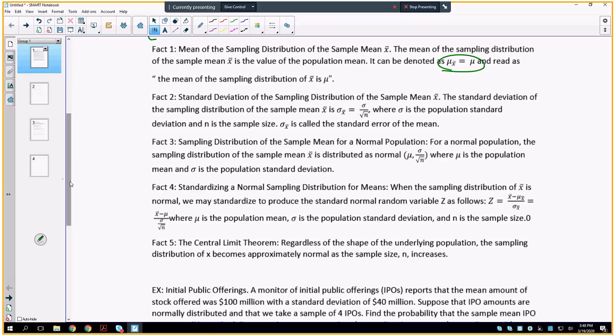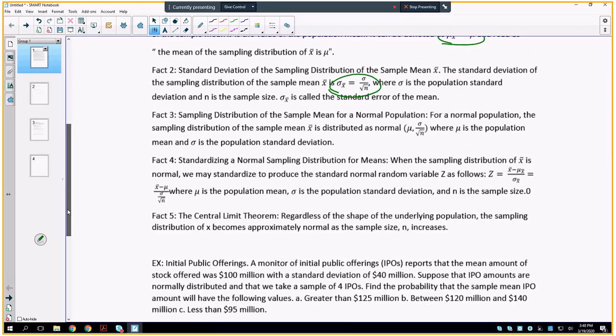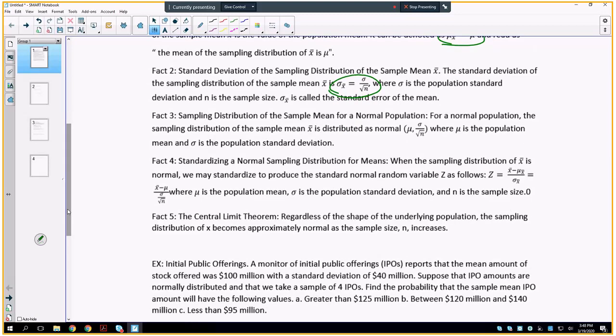The standard deviation of the sampling distribution of the sample mean x bar is going to be the standard deviation of the population divided by the square root of the sample size. And we're going to call this sigma sub x bar, the standard deviation of the sampling distribution of the sample mean, or the standard error of the mean.